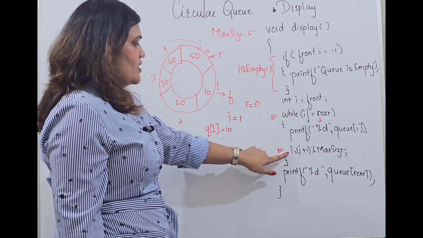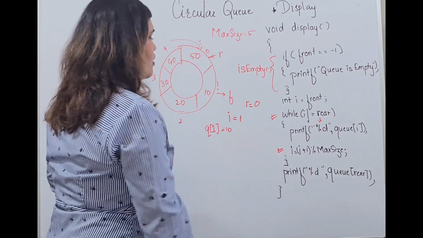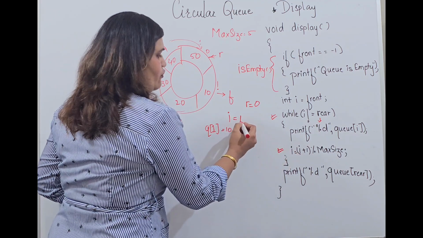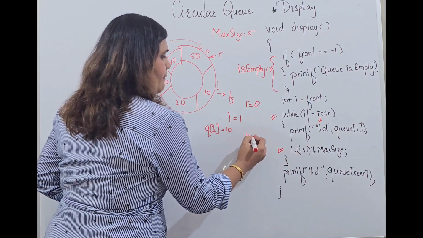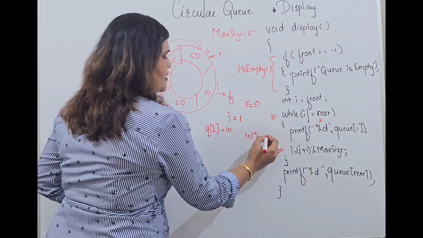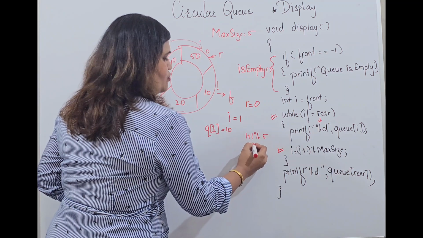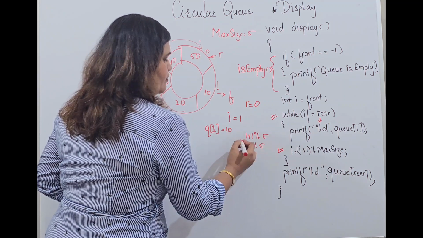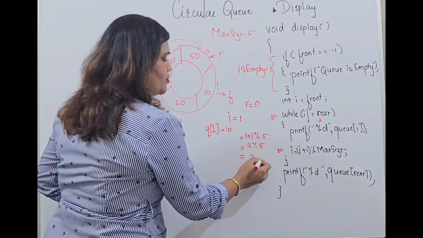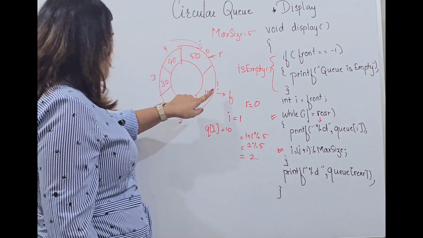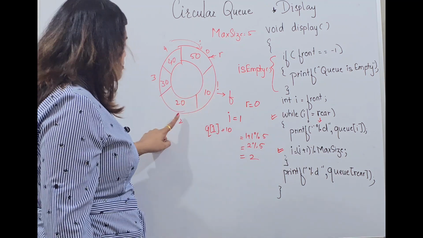Okay. So once I do this, let's try to solve this. i plus 1. What is the value of i? 1. So 1 plus 1 mod of max size, that is 5. 1 plus 1, 2 mod of 5, that is equal to 2. So from 1, my i will point to 2.